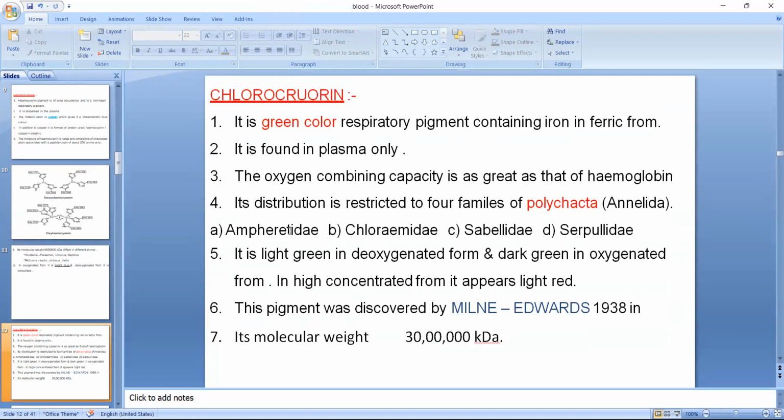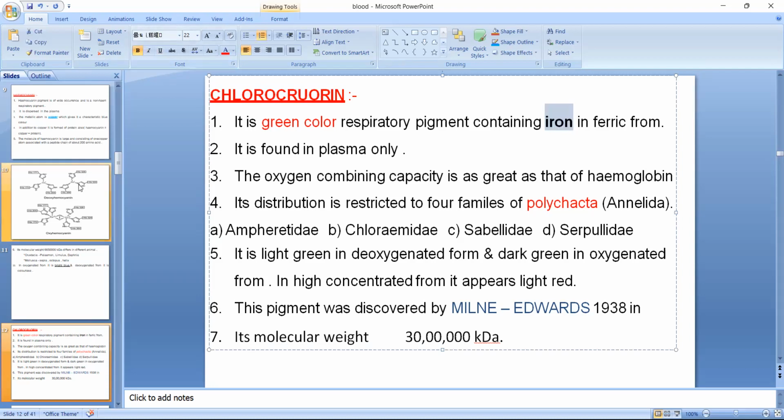And then chlorocruorin, which means the green color. It is a respiratory pigment containing iron. I forgot to tell you, in hemoglobin the iron is generally present in ferrous form, Fe+2. Here it is +3 form.